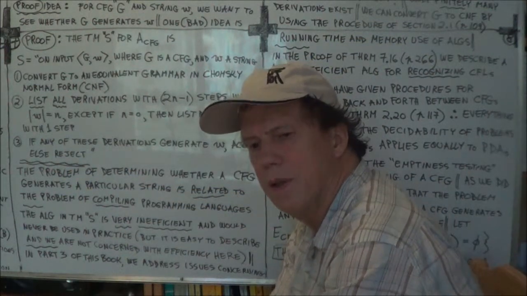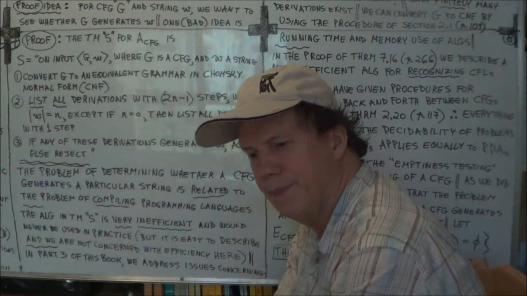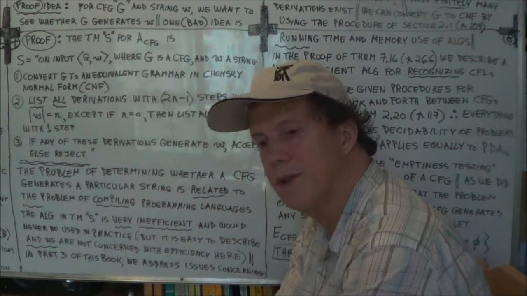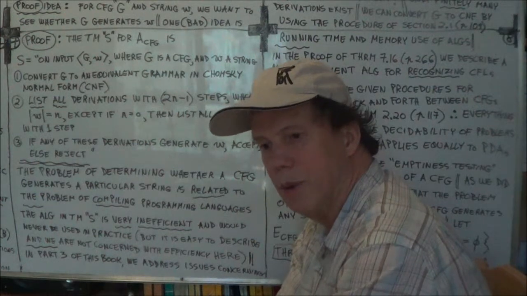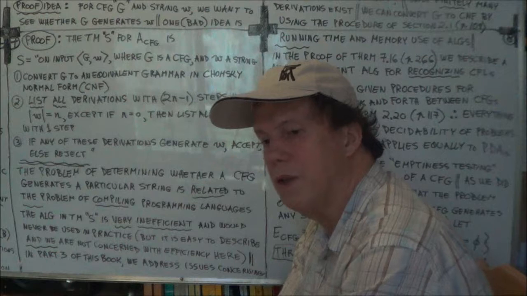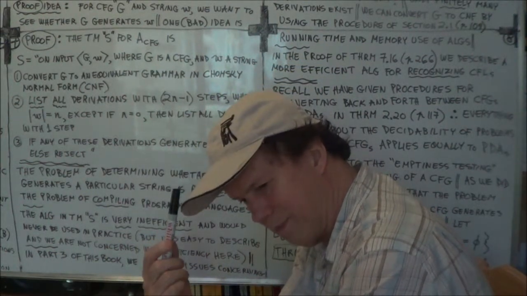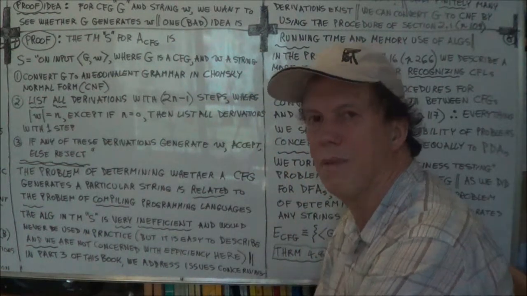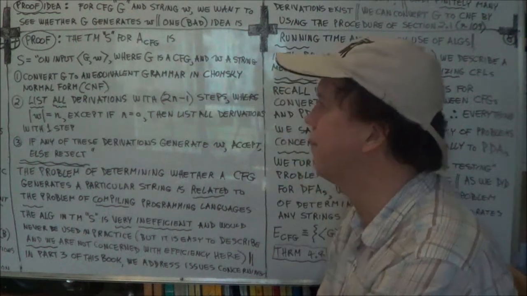Because you have to have at least one step, because you start with a non-terminal, a variable. The starting symbol for a CFG is always a variable, so you need one step to convert the variable into a terminal, like the empty string epsilon.